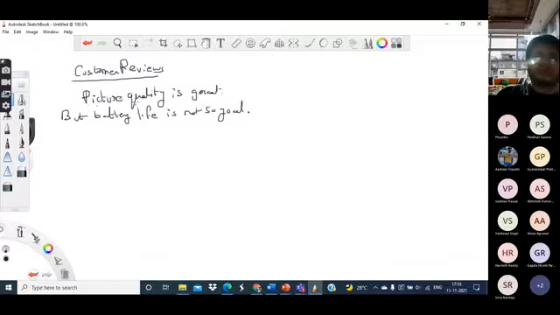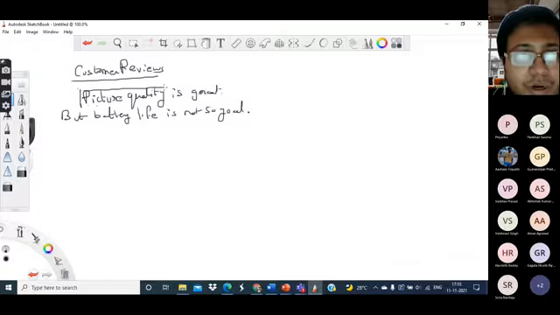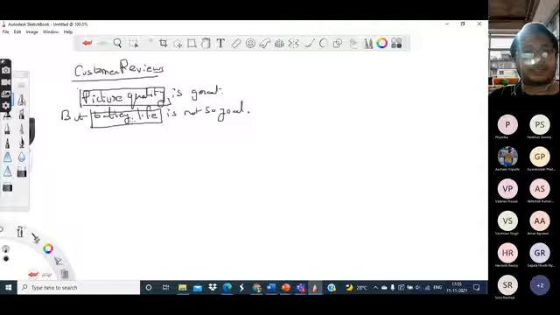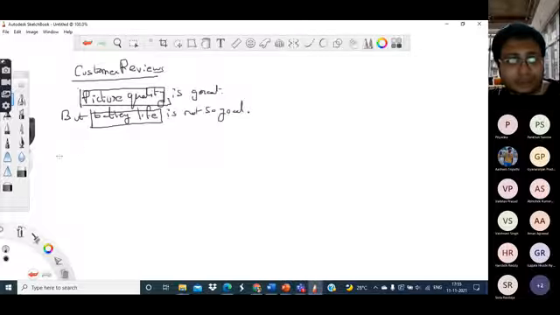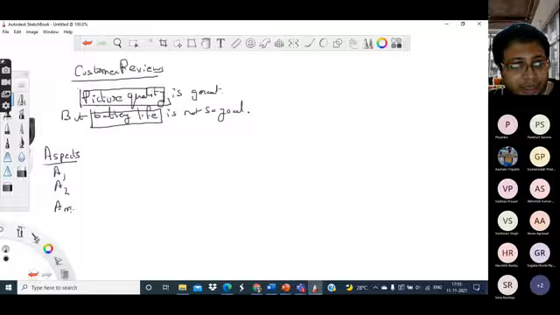Okay, so now with the help of techniques such as word sense disambiguation, I have identified that these things, picture quality and battery life, are related to the aspects of the product which I am interested in. So I already have a list of aspects of the product, say A1, A2 up to AM.